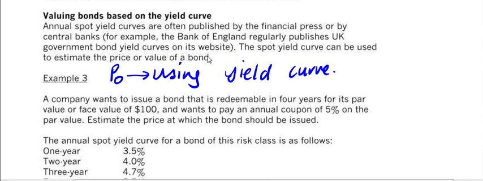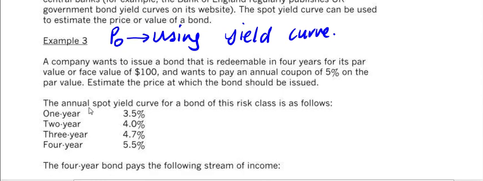Now, look at this example here. A company wants to issue a bond that is redeemable in 4 years' time for its par value or face value of 100 and wants to pay an annual coupon of 5% on par value.